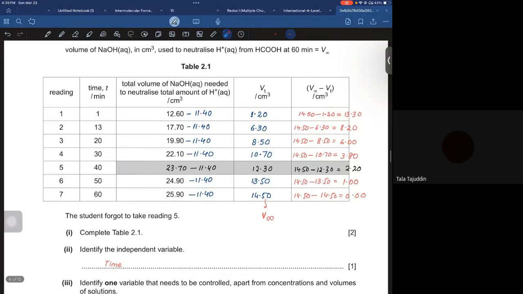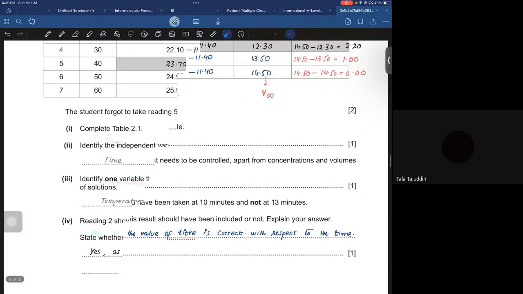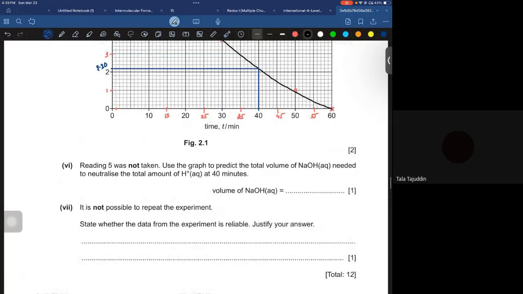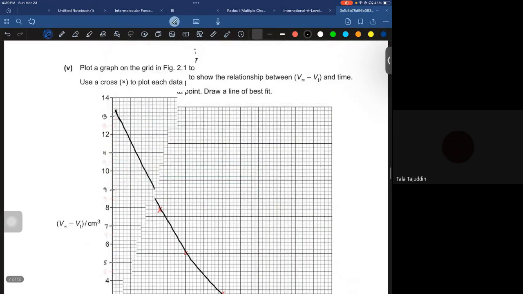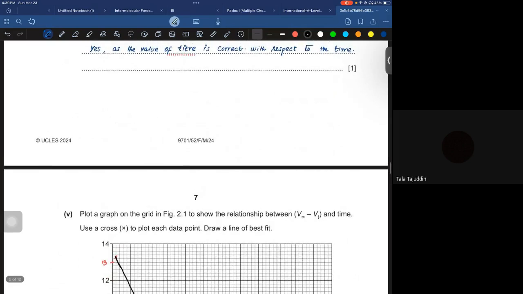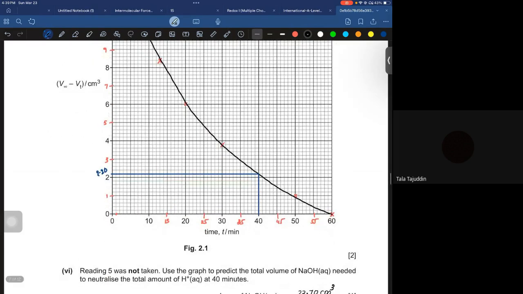So exactly this was 23.70. Exactly this is 23.70 centimeter cube, because you got 2.20 as the value of this.